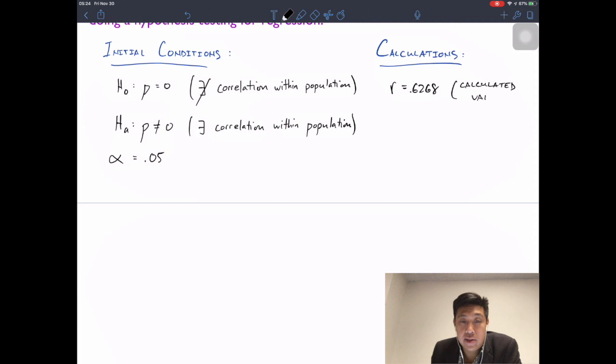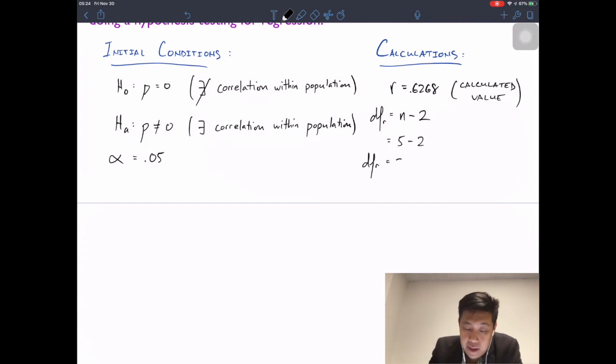Okay, and we have to use the degrees of freedom to find our critical value. Now, haven't mentioned it yet, but the degrees of freedom, and I'm going to put a little r for regression there. In this case, it's special. It has a different one. It's n minus 2 instead of the traditional 1. So that means we're going to say 5 minus 2, which means the degrees of freedom for regression in this problem is 3.